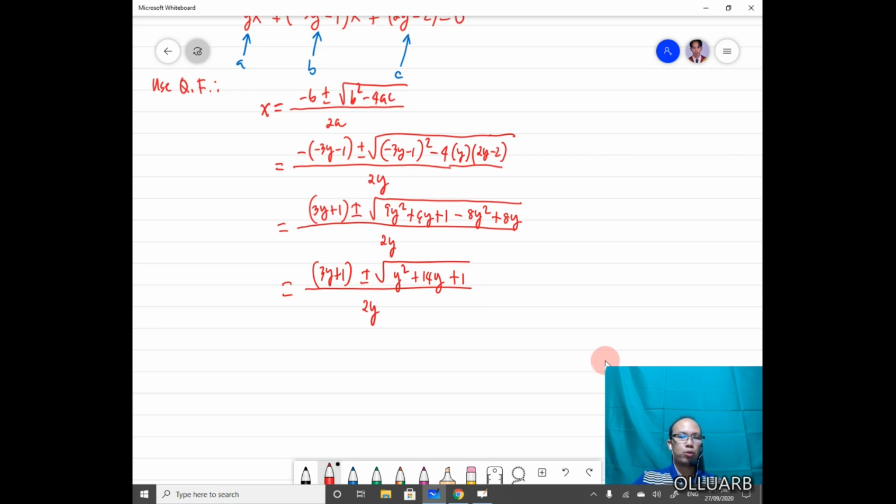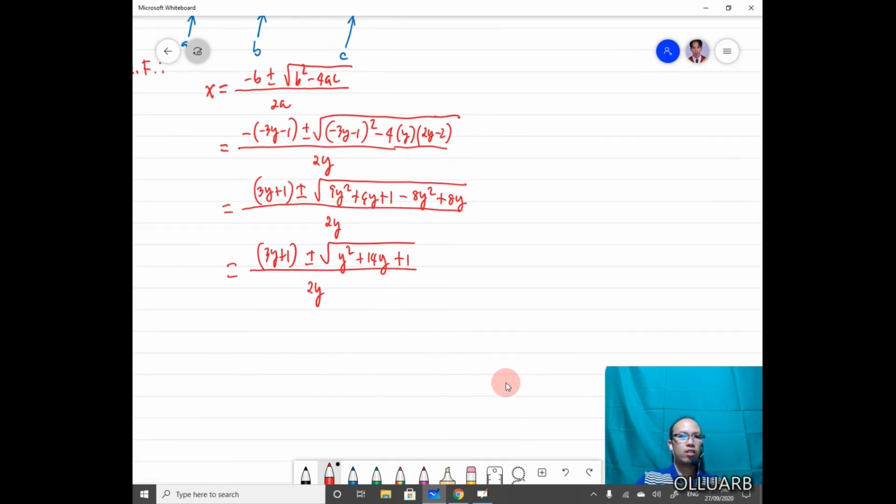Let's analyze. Notice that in this expression on the right hand side, the first term of the numerator has no problem, there is no radical expression, so this is true for all y.